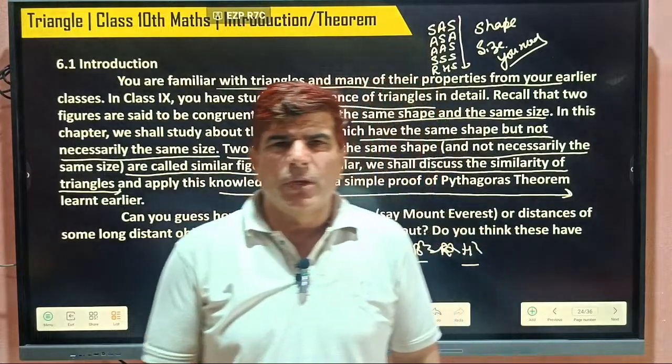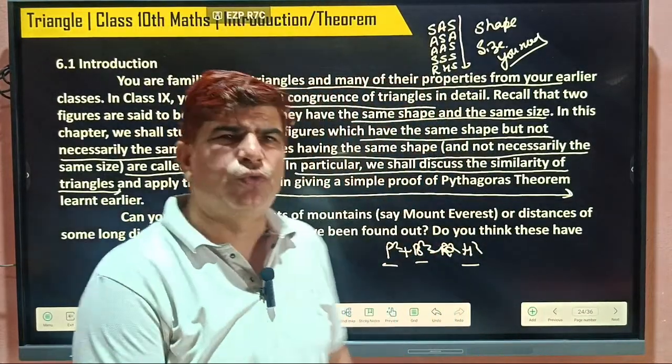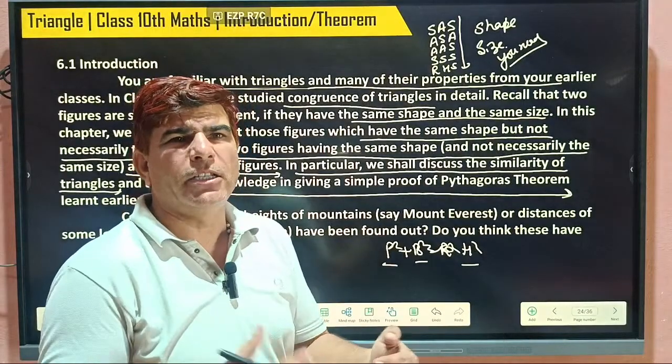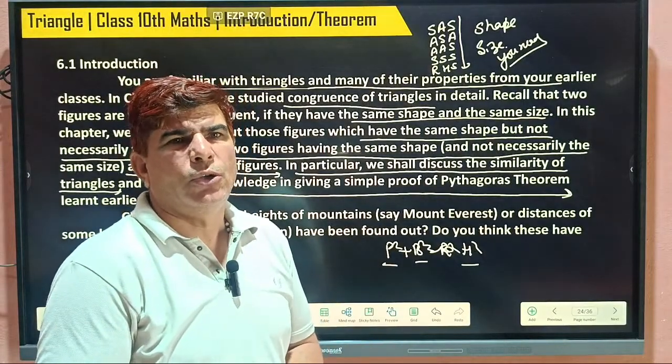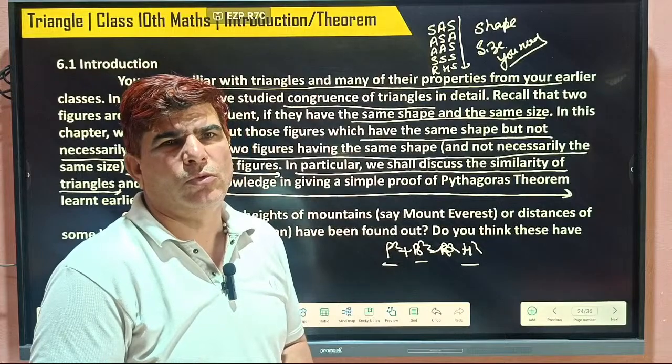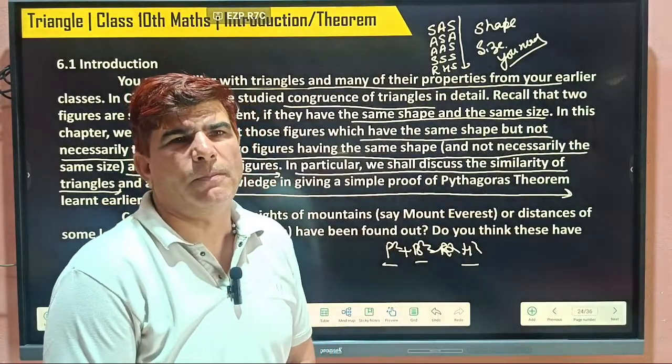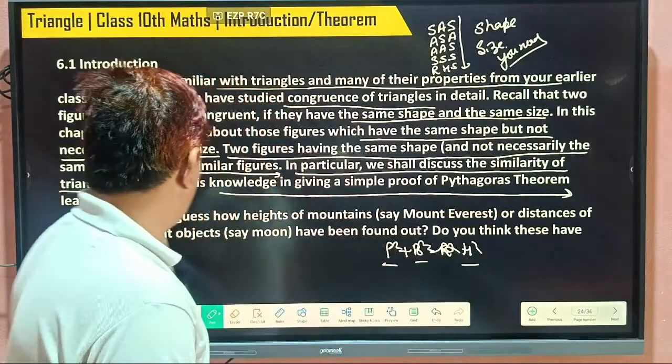I know you already know one proof of the Pythagoras theorem, but here after reading similarity rules, you will be able to derive an easy method for the proof of the Pythagoras theorem.